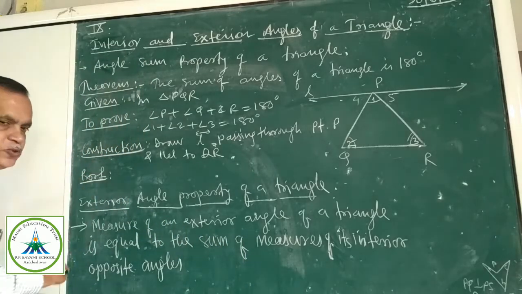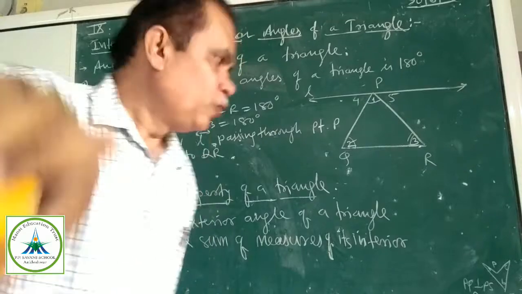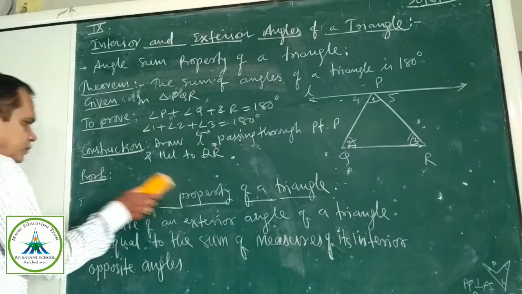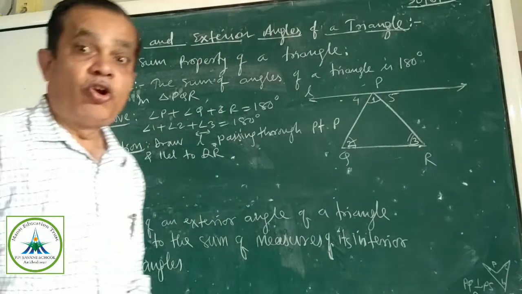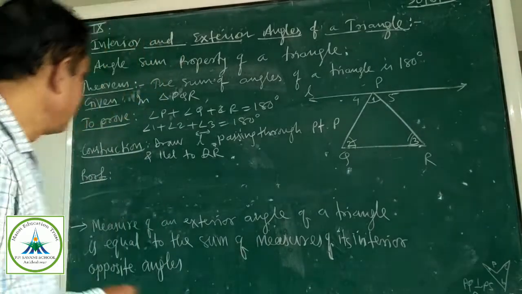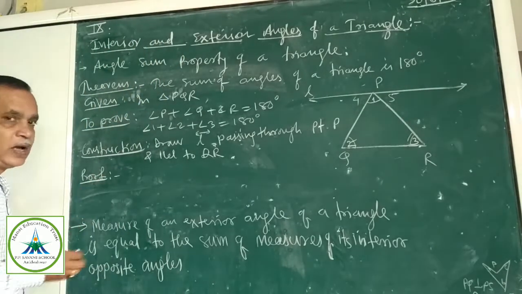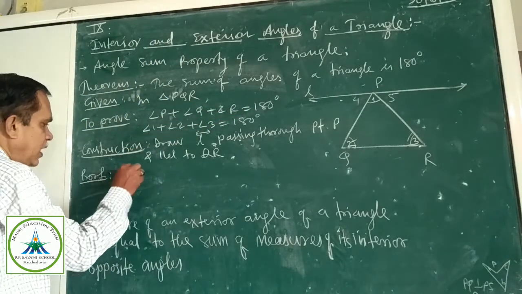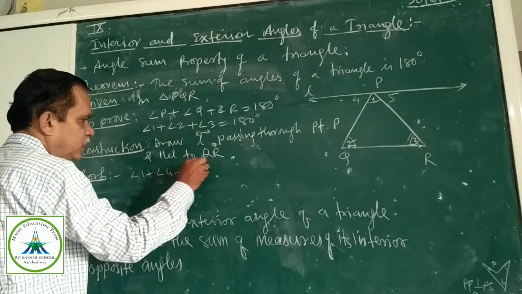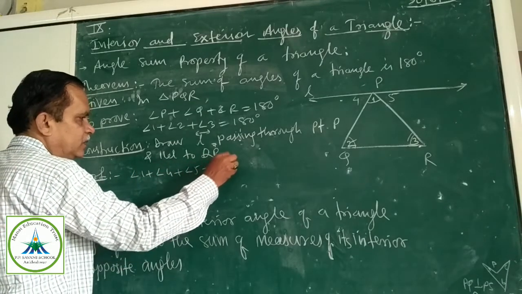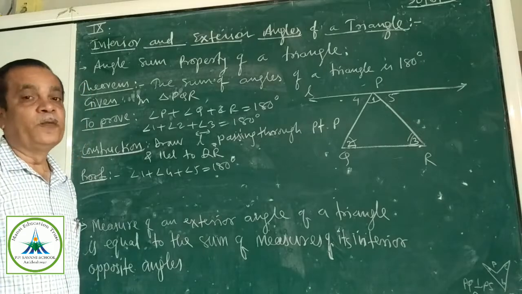Now, proof. See students, a very simple proof you can do in 2-3 steps, not more. From the diagram only I am writing: angle 1 plus angle 4 plus angle 5 equal to 180 degrees. What is the support?